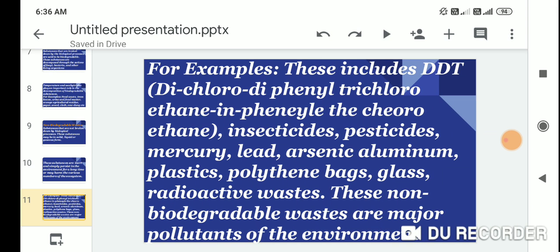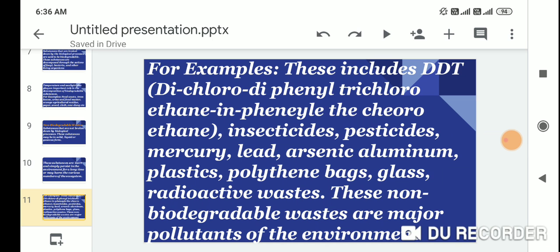For example, these include DDT. The full form of DDT is dichloro diphenyl trichloroethane, which is very important.